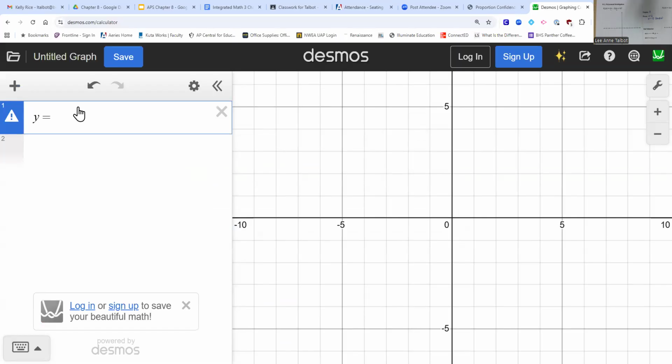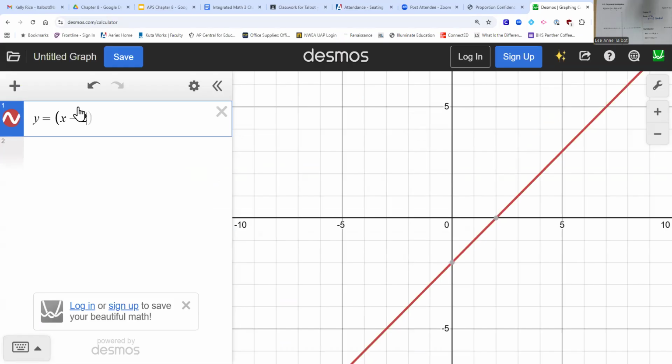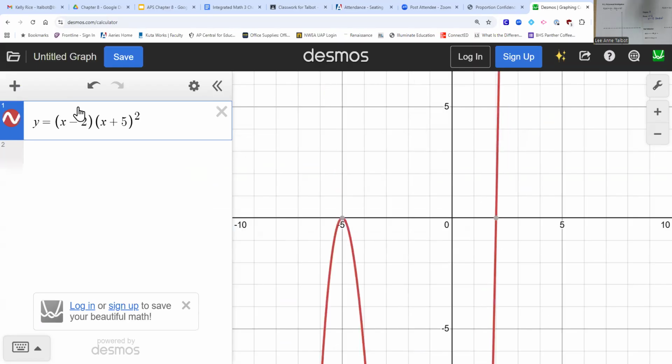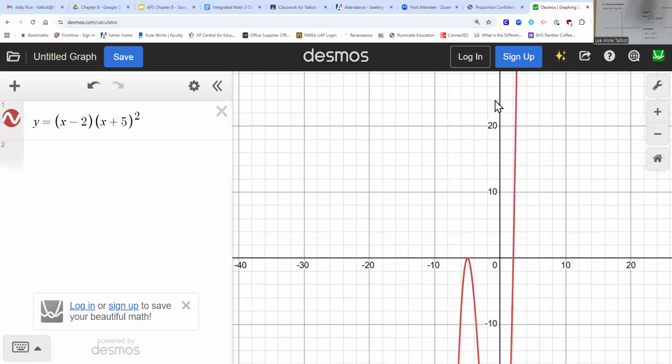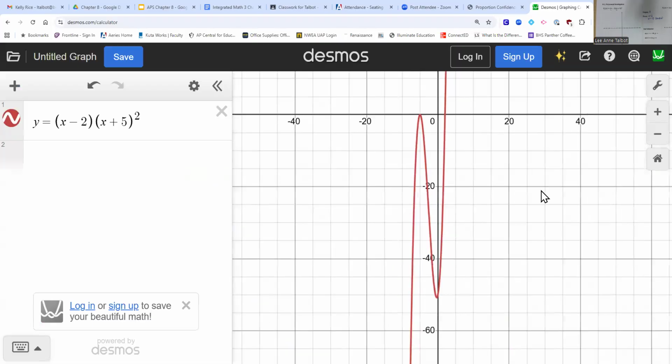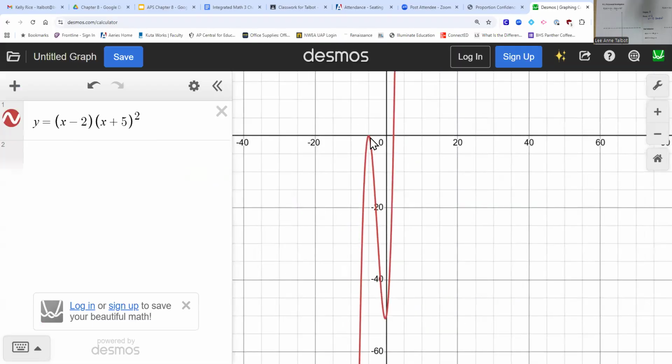All right, it was x minus 2 times x plus 5 squared. I'm going to zoom out kind of a lot so you can see the shape of it. When you do these graphs, I want you to just make them sketches. I do not want you to care about the depth of the loops.